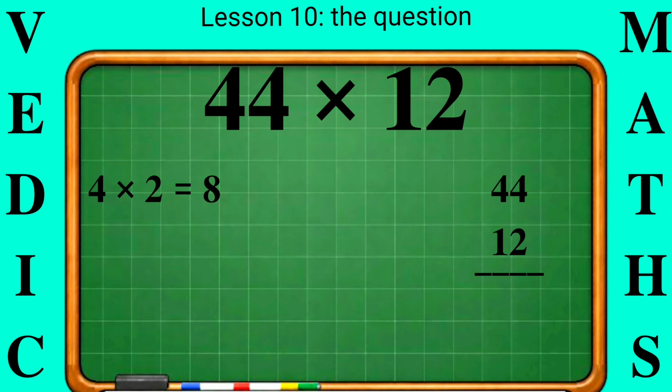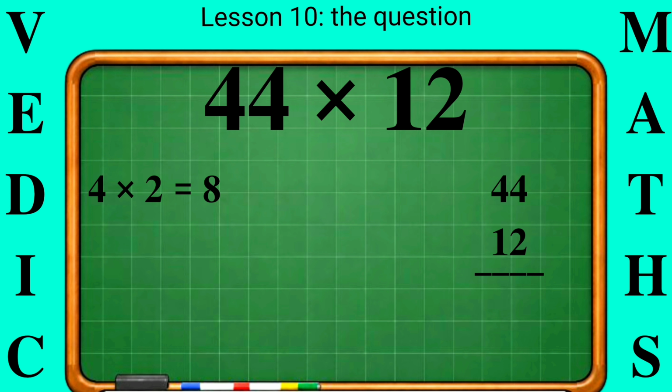So now, we shall be doing 44 times 12 in the second step. So now, 4 times 2 plus 4 times 1, which will be the crisscross. So now we get the answer as 12. So now we keep the 2 at one side and then keep the 1 as the carry.